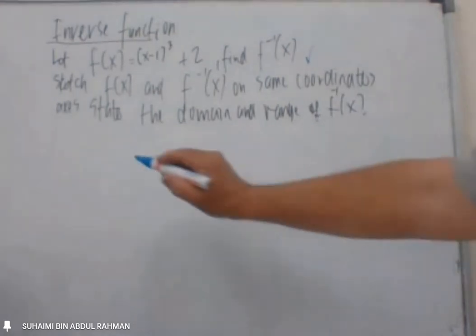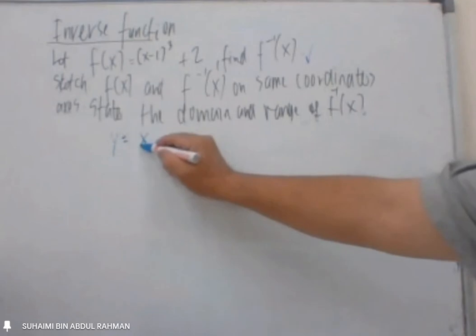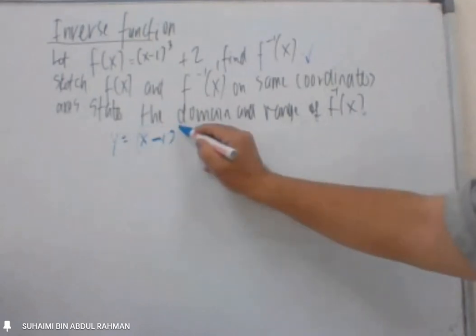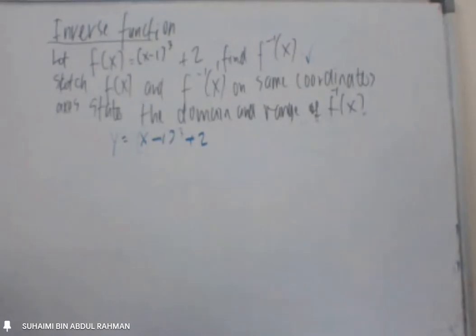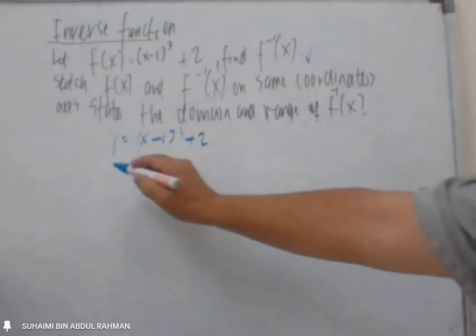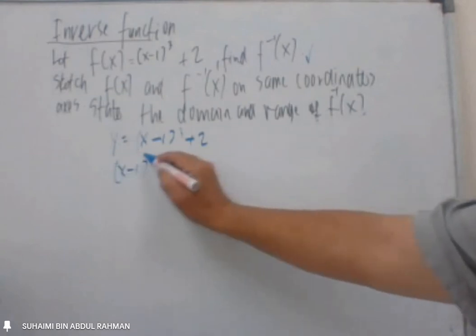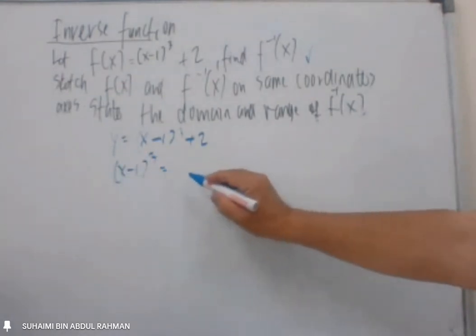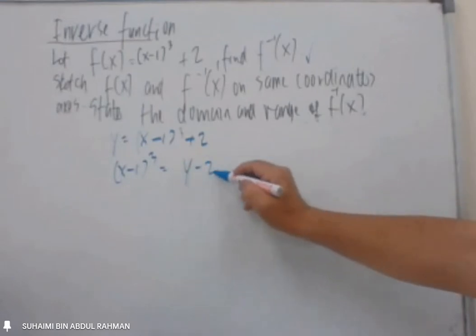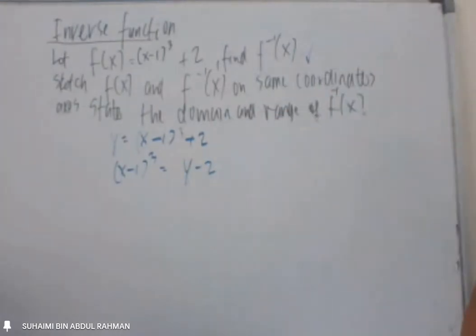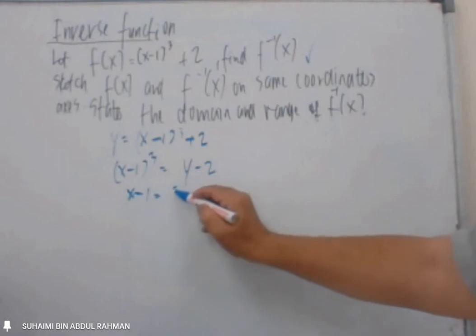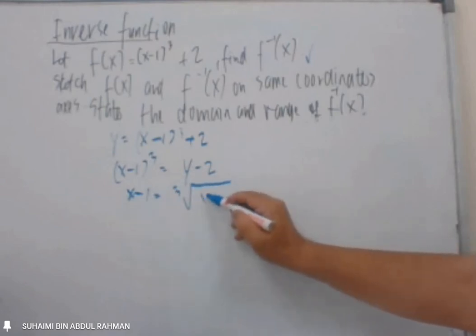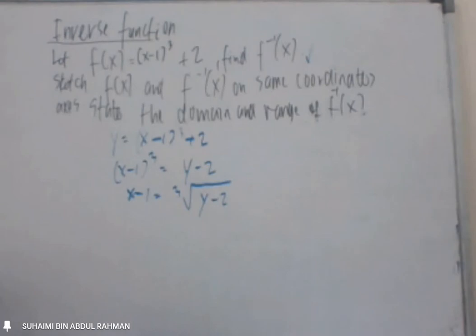So to find f inverse, y equals (x minus 1) cubed plus 2. (x minus 1) cubed equals y minus 2. x minus 1 is the cube root of y minus 2.